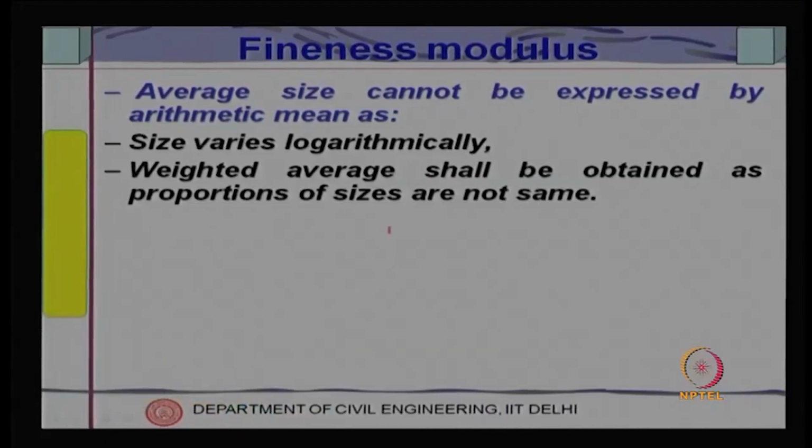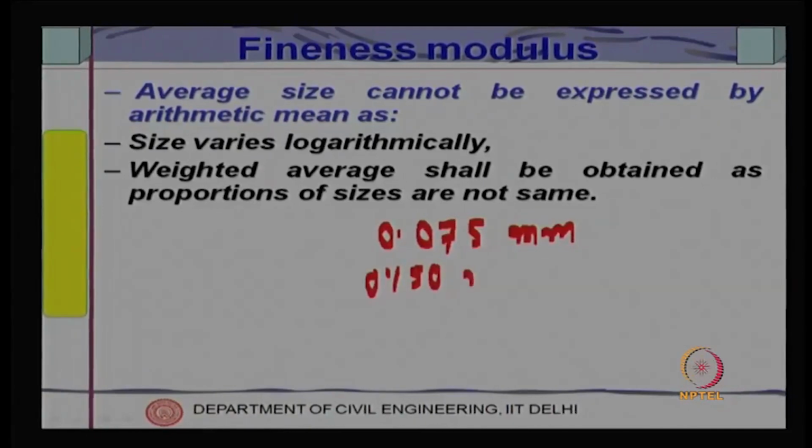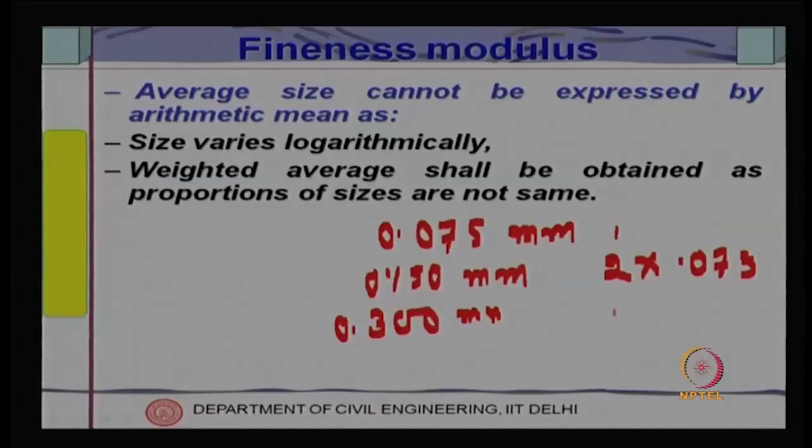For example, the minimum size is, let us say, 0.075 mm, the next size is double of it, 0.15 mm or 150 micron, then 300 micron or 0.3 millimeter and so on. So, you can see that this is 2 into 0.075, this is 2 into 0.15. So, it varies in geometrical progression.